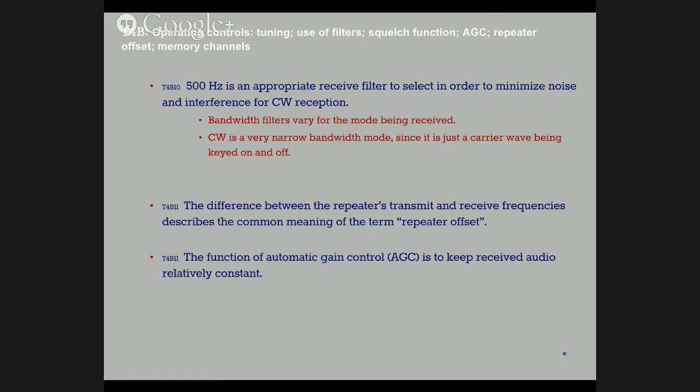As I said earlier, for CW, we don't need kilohertz of bandwidth. 500 hertz is an appropriate filter for receiving on CW. CW is the most narrowband, continuous wave, or Morse code, since it's just a single carrier wave being keyed on and off, a single tone.